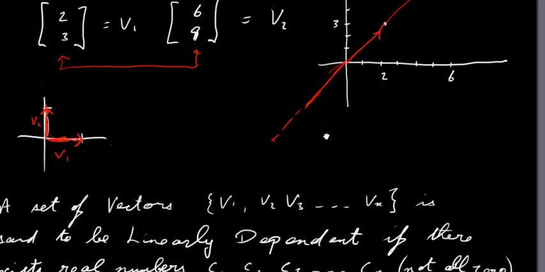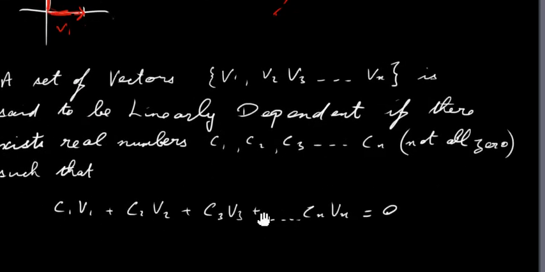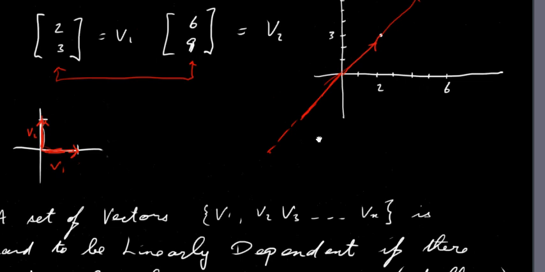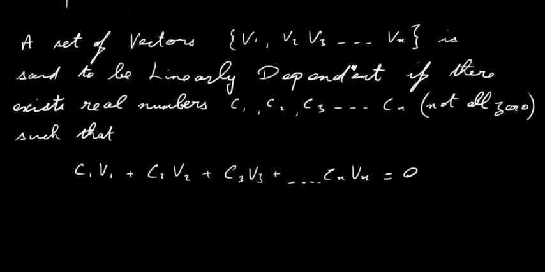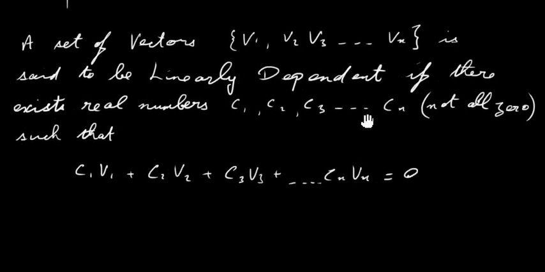If they were all 0, it's kind of obvious. If these were all 0, then you're obviously going to get the 0 vector. But if some of them are not 0, then you should end up by, in other words, this line here will be equal in length to this line on this side of the origin, if you like. So when you combine them all, you should end up with just a 0 vector. But the main point to remember here is that not all of these constants here, or not all of these real numbers here, are 0. So this is the formal definition of linearly dependent vectors.